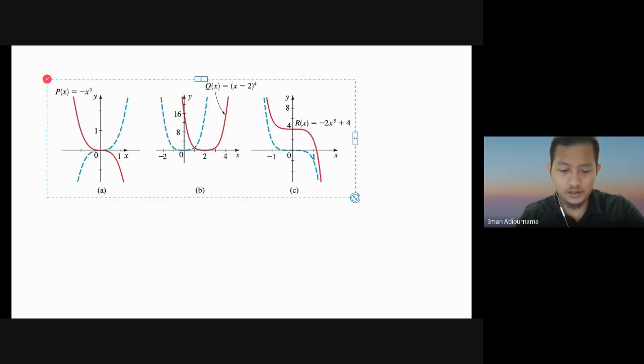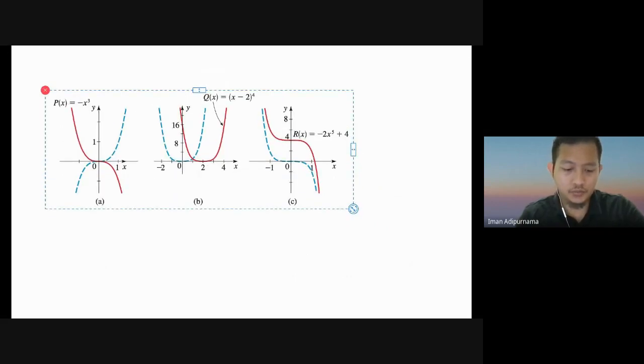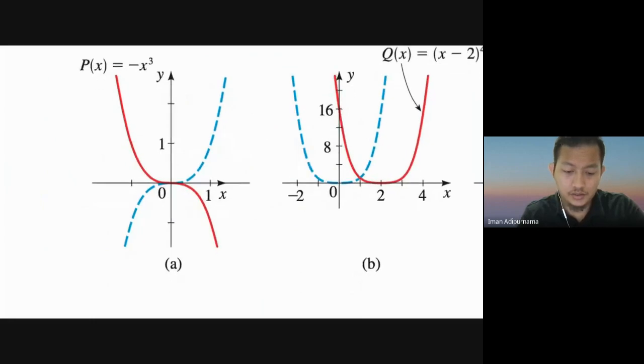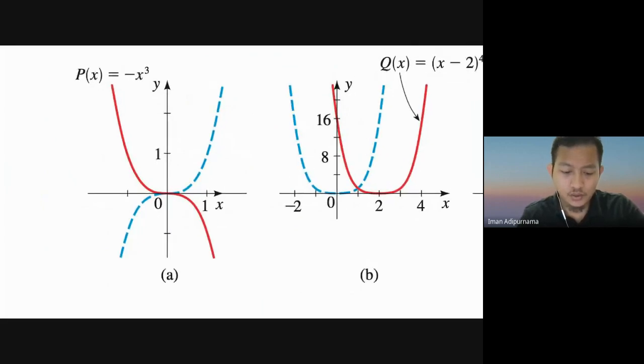Now, for the graph, of course, we have learned the transformations, and we can also transform polynomials. So if we look here, we can transform this x cubed, and reflect it in the y-axis.